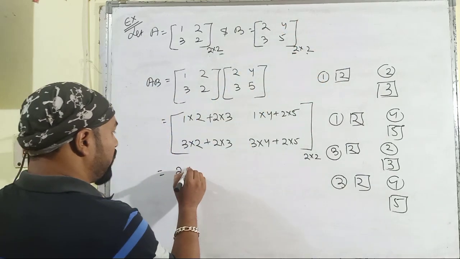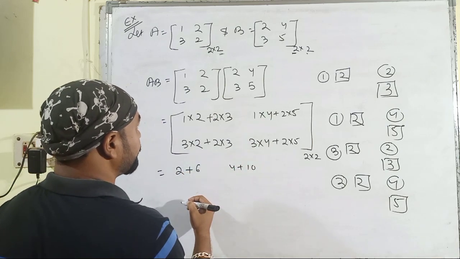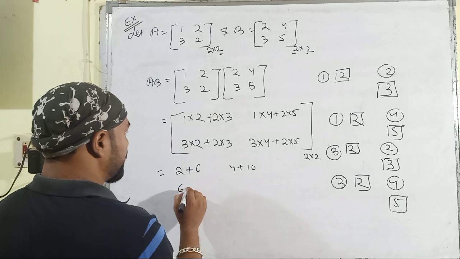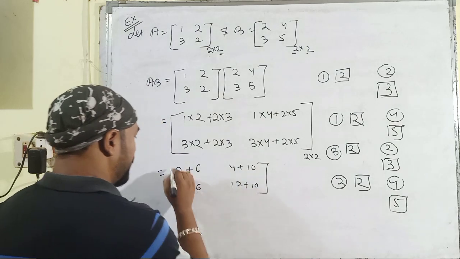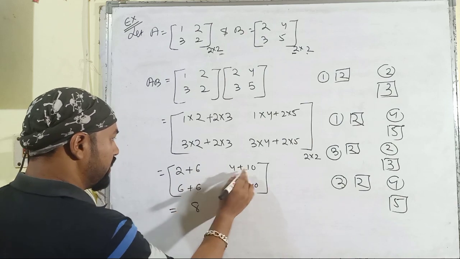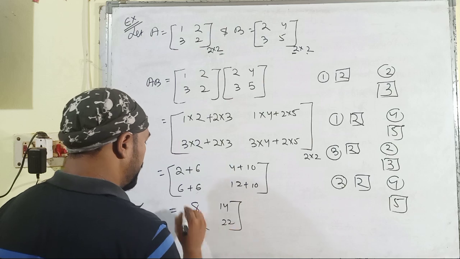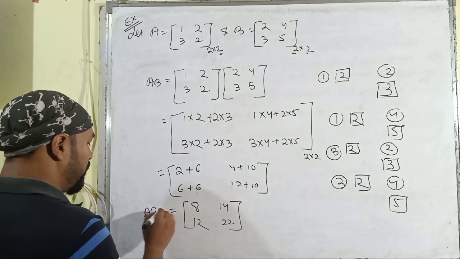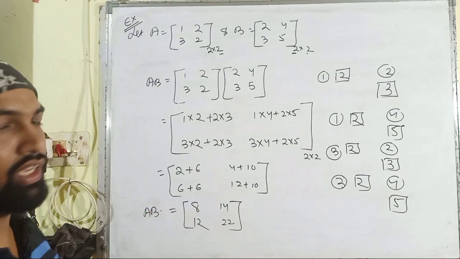Then it is 2 plus 6, then 4 plus 10. Again it is 6 plus 6, then 12 plus 10, and here it is 8, 14, 12, 22. This is the value for the multiplication of A and B, that is AB, and AB is defined here.